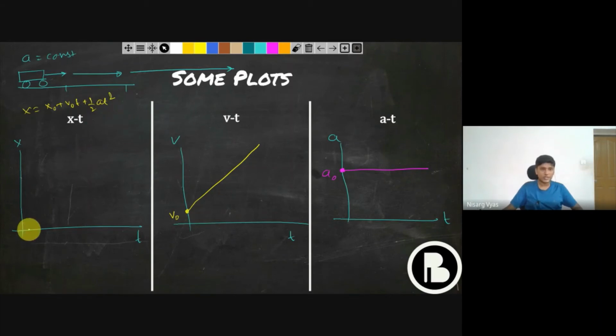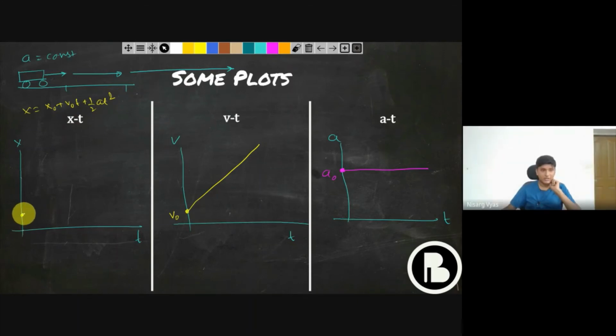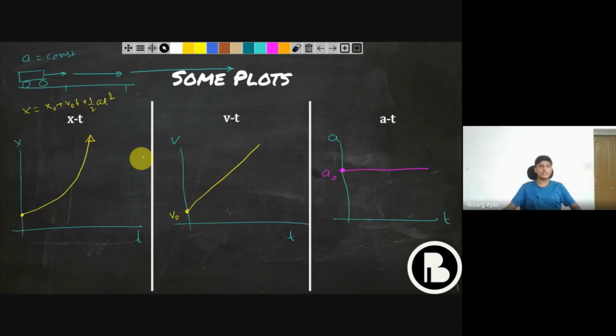So what should be here, Yoshi? Sir, a parabolic curve pointing upwards if the acceleration is positive, starting from x naught, with concavity upwards. Yes, a parabolic curve with concavity being upward.